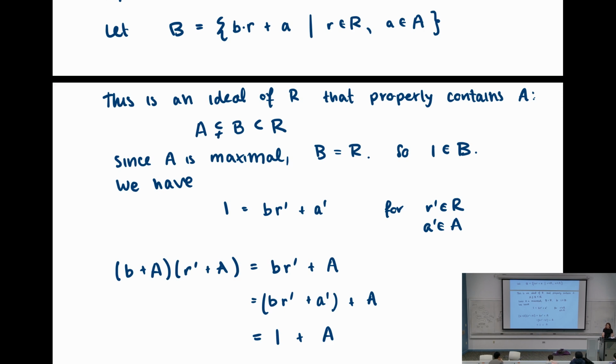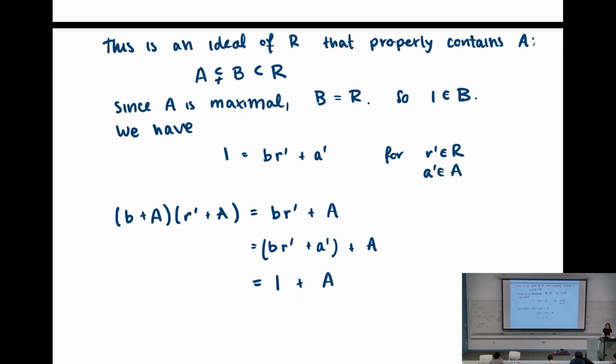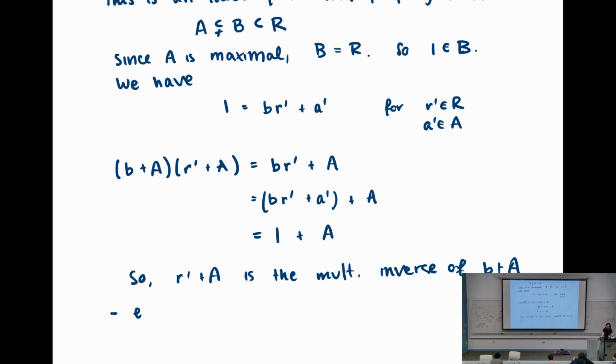So that finishes the proof, because now we've shown that r prime plus A is the multiplicative inverse of b plus A, which shows that non-zero elements of R mod A are invertible.